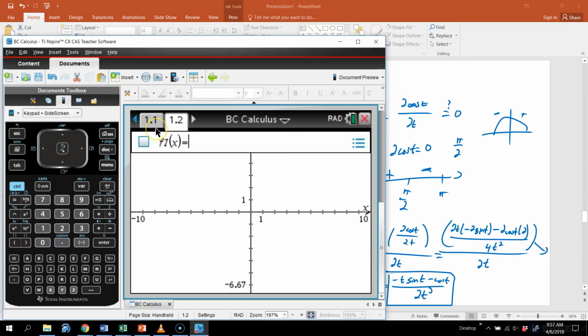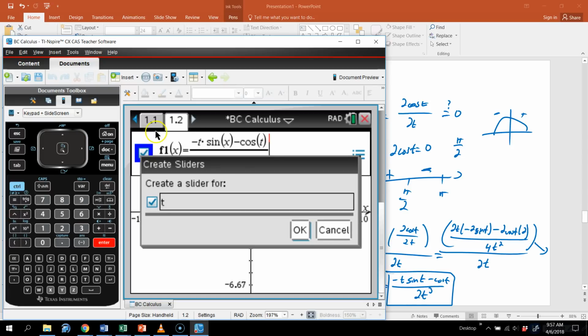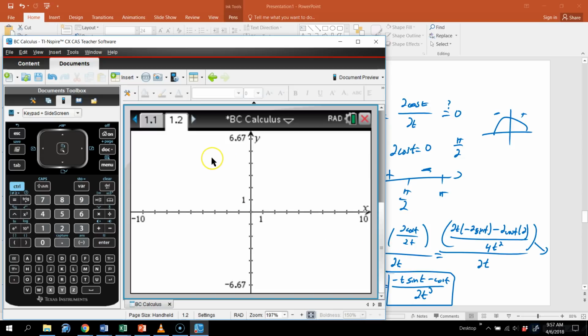I'm going to graph negative, let's put this in parentheses, negative t sine t, then minus cosine t, close parentheses, divided by, parentheses, 2t cubed. All right, let's see what we get. Oh, should probably use x's instead.